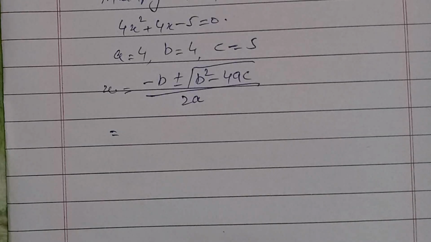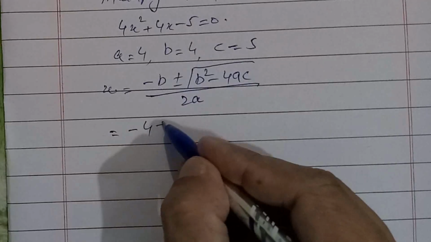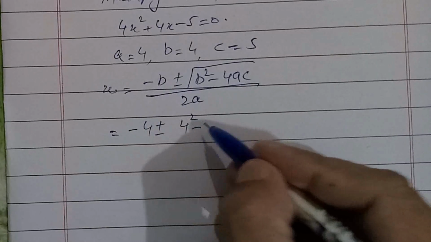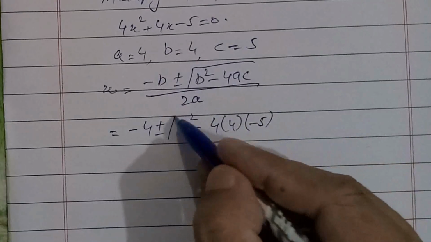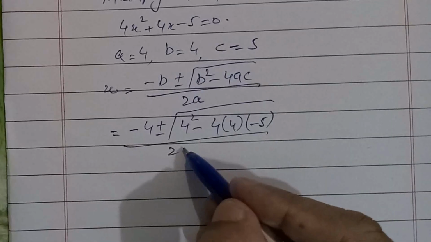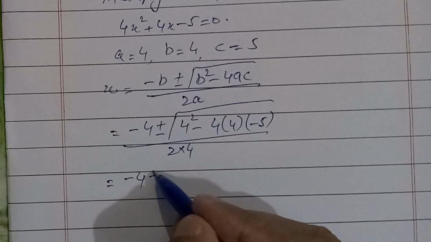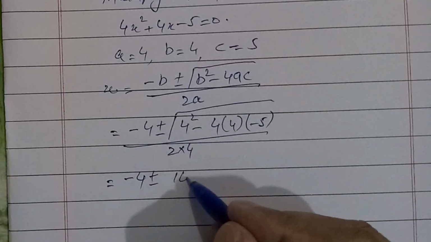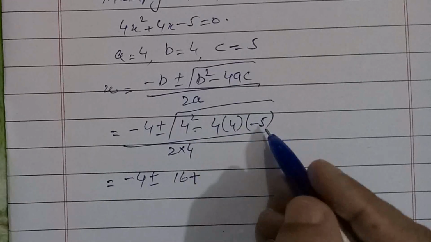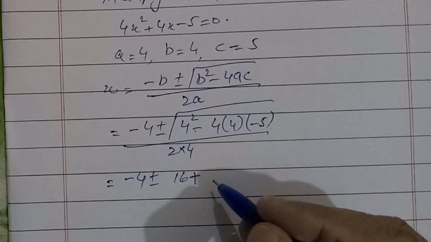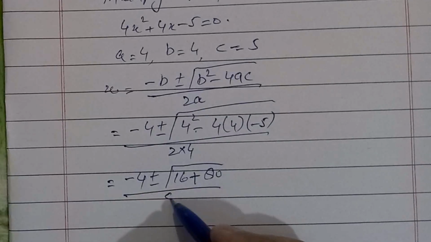Now we put the values of a, b and c in the formula. We get (−4 ± √(4² − 4 × 4 × −5)) / (2 × 4). Now simplify these values. We get −4 ± √(16 + 80) since 4² is 16 and minus multiplied by minus gives plus; 4 fives are 20, 20 fours are 80, over 8. That gives 96 under the square root over 8.